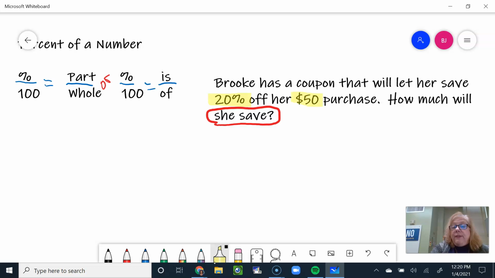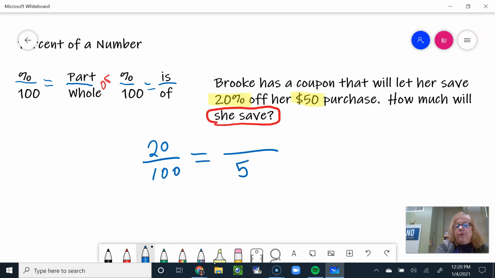20% off of $50. Okay? Let's work this out. 20% off of $50. That's her total. Then you're going to do, once again, your cross multiplication, and you end up with, let's see, 5 times 2 is 10, and then 2 zeros, that's 1,000 equals 100x.